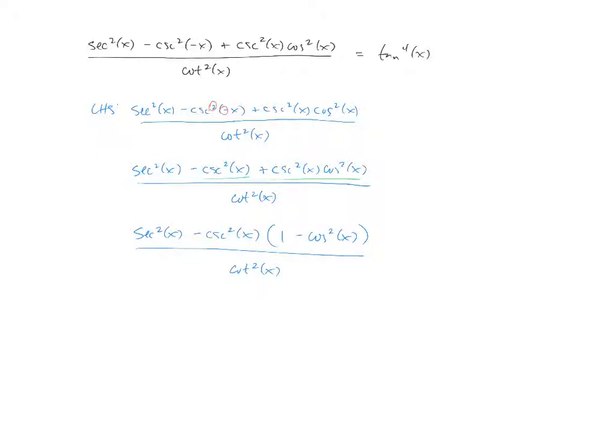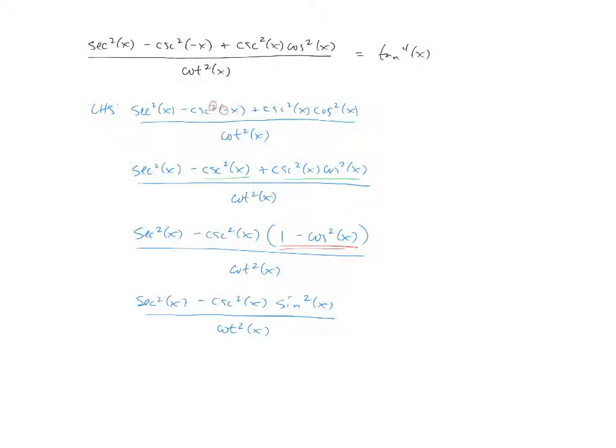Now, this 1 minus cosine squared, we saw a moment ago, is going to be a sine squared. So we have secant squared x minus cosecant squared x times sine squared x over cotangent squared.